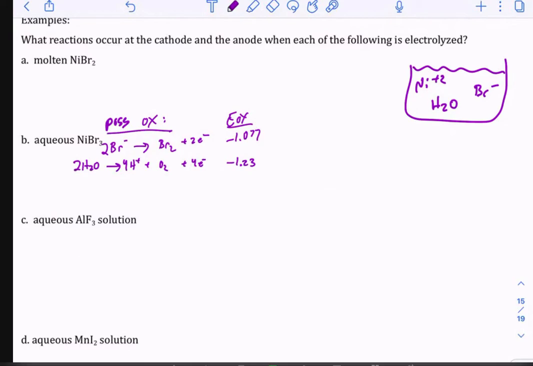Okay, possible reductions. Oh, actually, decision time. Which one of these oxidations is taking place? Bromine. Okay. What are the possible reductions?